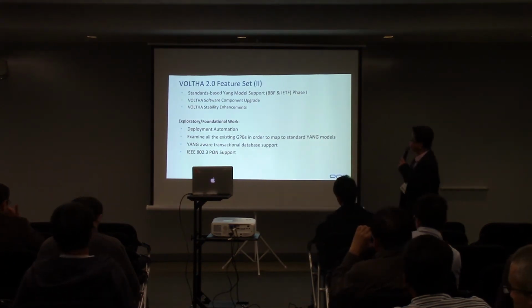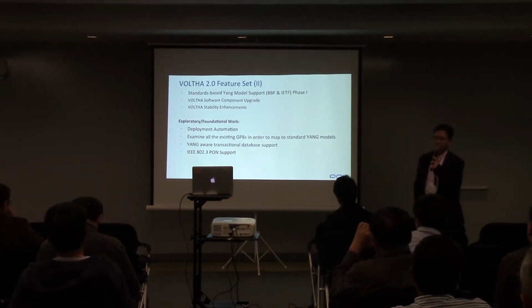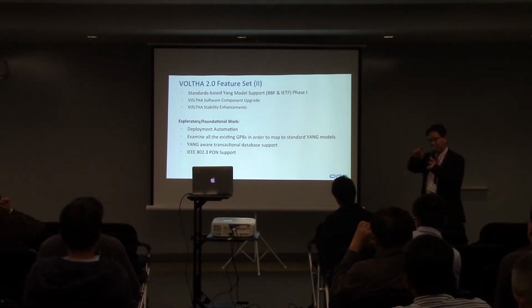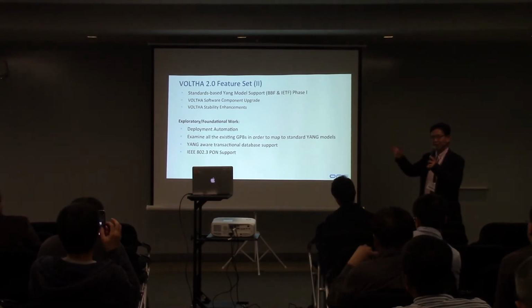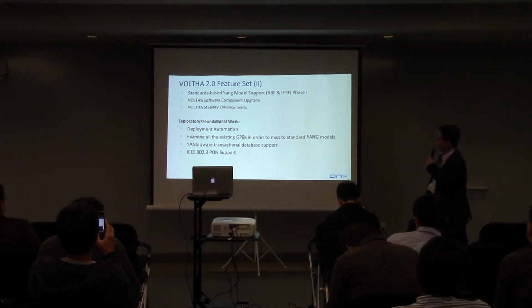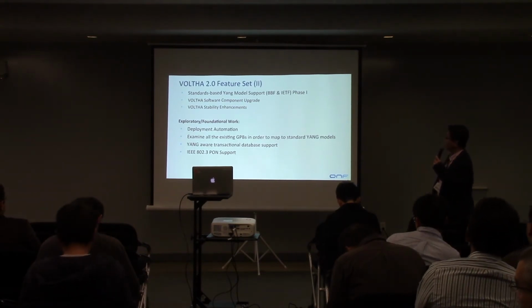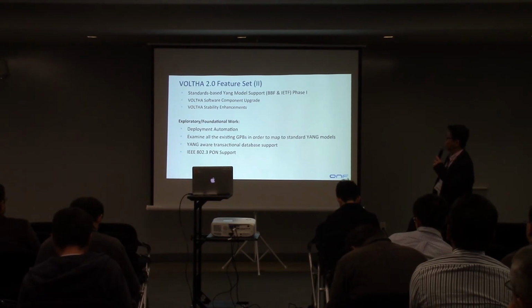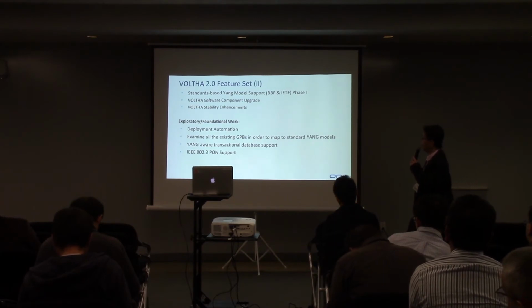And VOLTHA software component upgrade, that includes the network element upgrade, the white box or the individual box software upgrade, and then VOLTHA stability enhancement. There's some exploratory and fundamental work that needs to be in place.